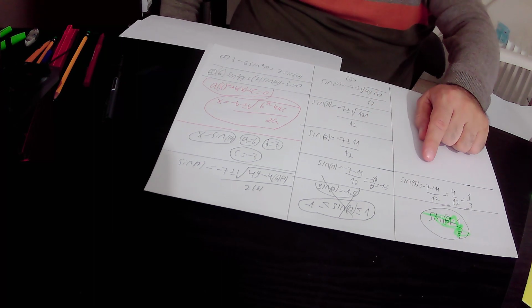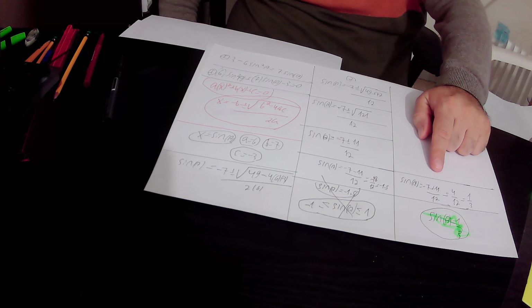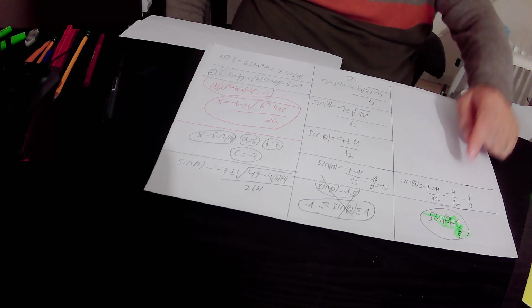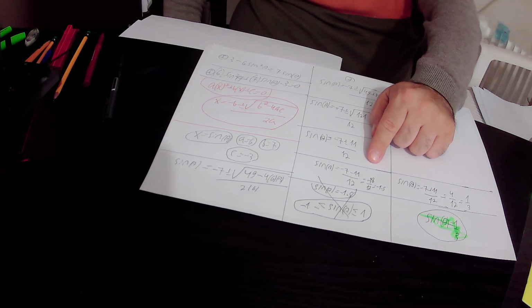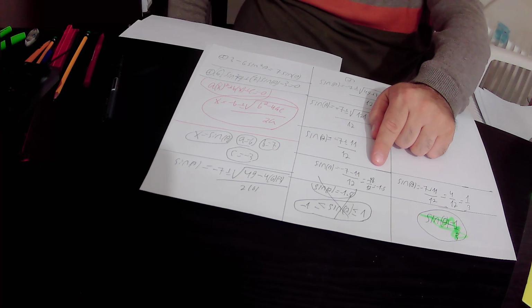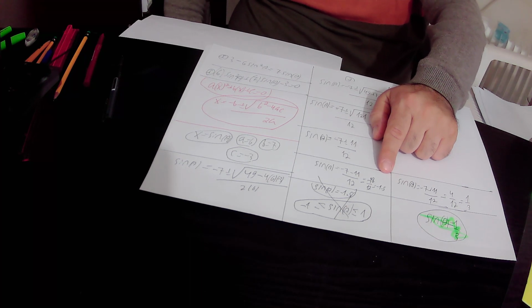The second possible solution is sine theta equals minus 7 plus 11 over 12. We will focus on the first solution. Sine theta equals minus 7 minus 11, which is minus 18. Minus 18 over 12 is minus 1.5.